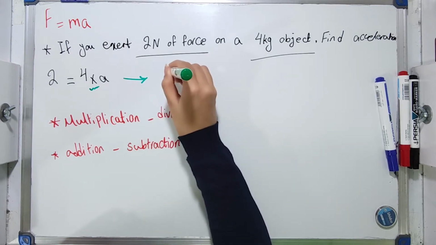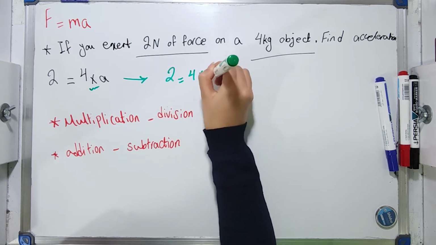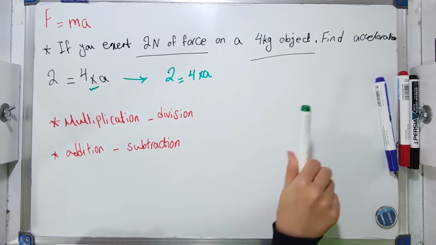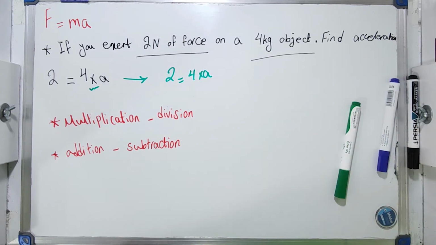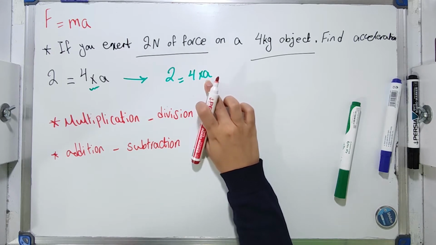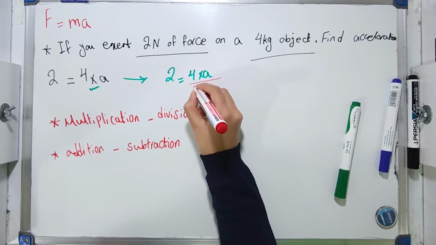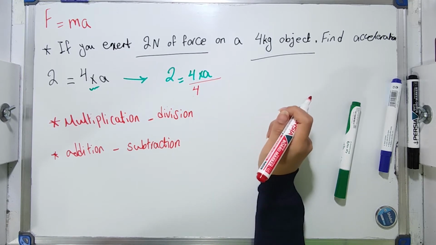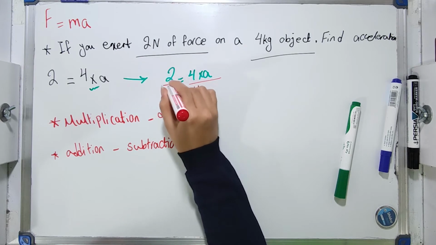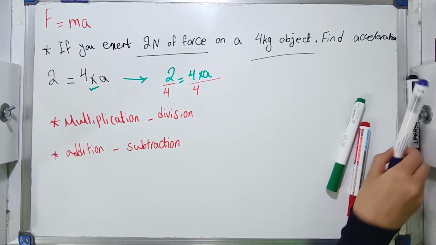So I want to cancel multiplication, so I divide, and I want to make acceleration alone, so I divide this side by 4. Divide by 4. And so I have to divide the other side by 4 too.